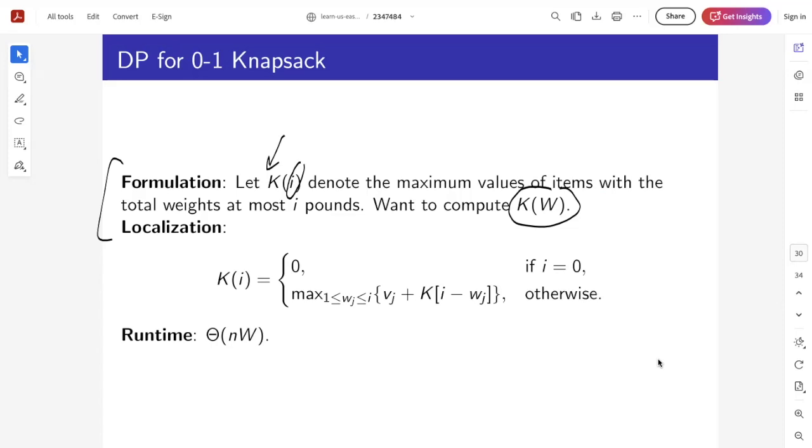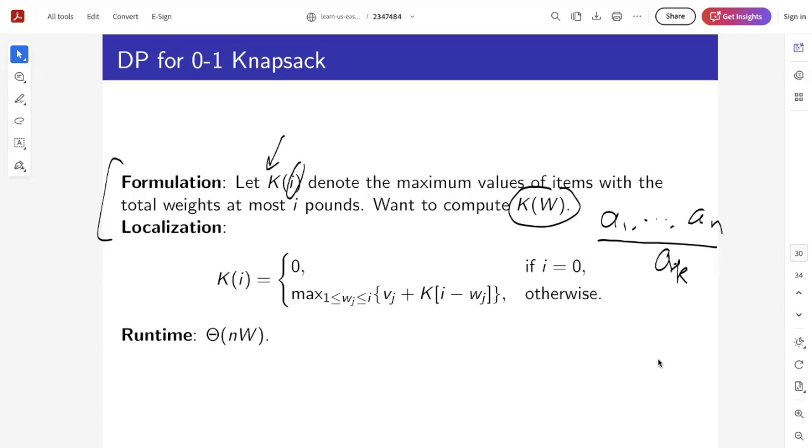Now, in order to get K of W, for the knapsack with these many items, obviously we want to place one of them. So we want to select item A_K and place it in, such that the remaining items are the original set minus A_K.